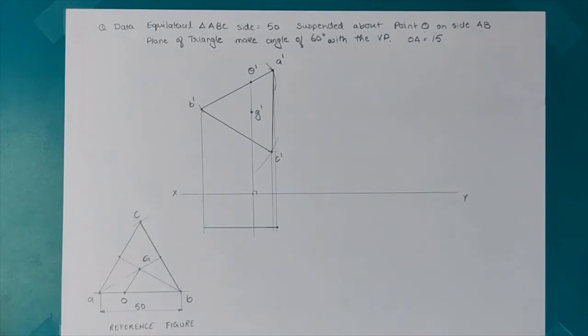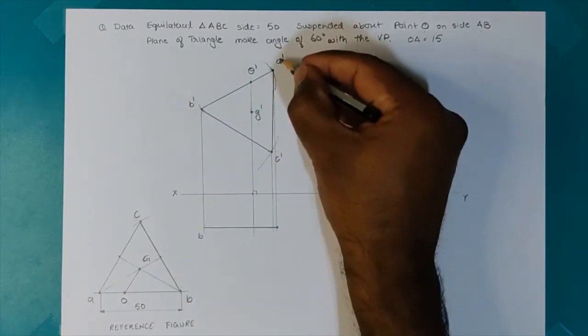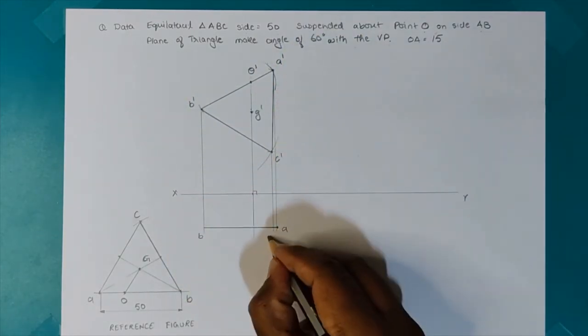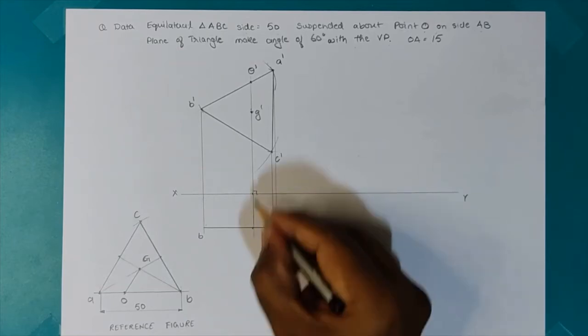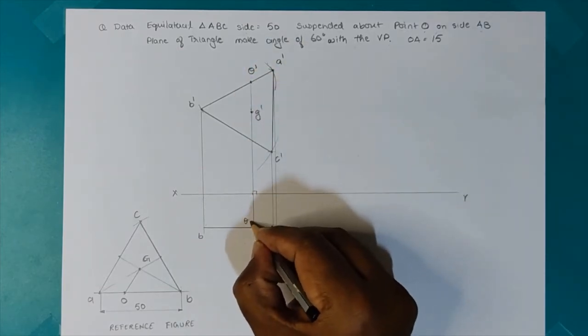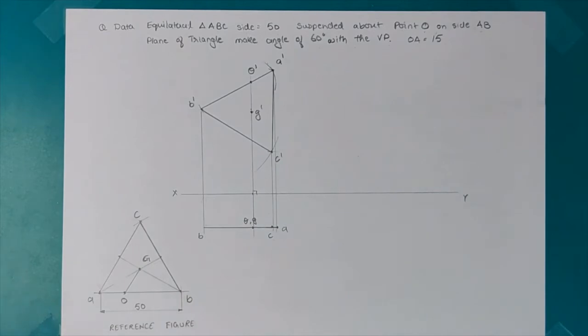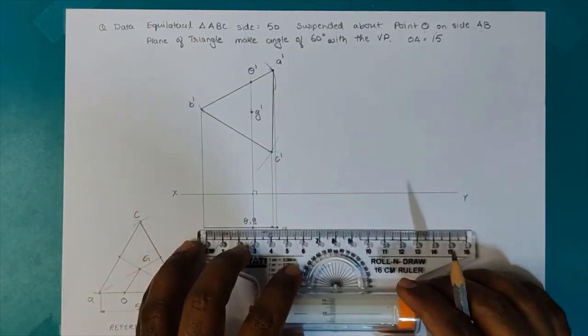Using the projector intersection with the top view line, I find the location of points A, B, C, O dash and G dash.